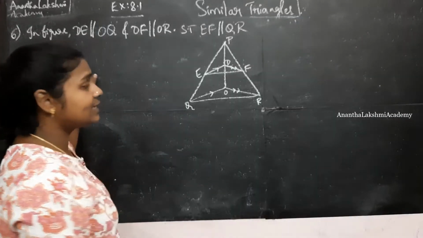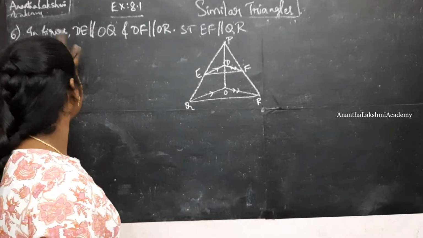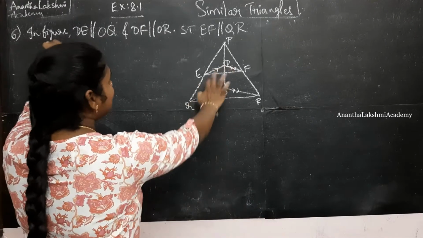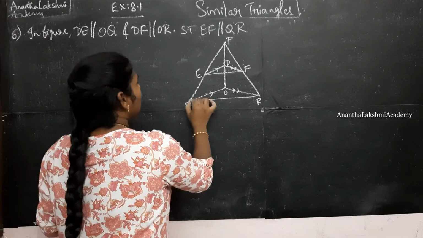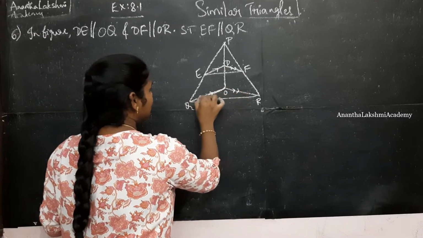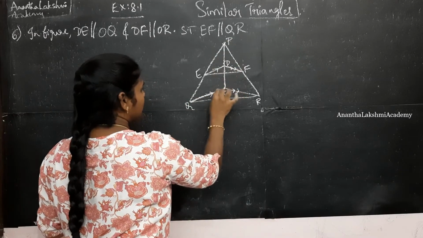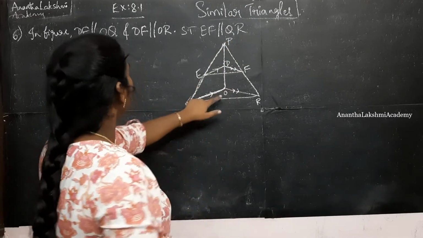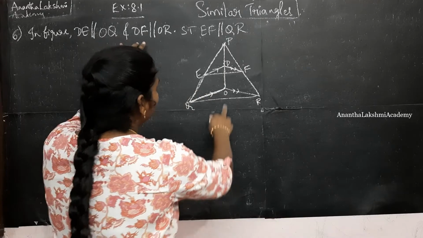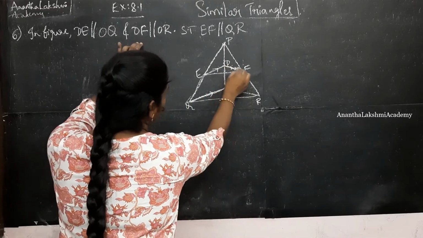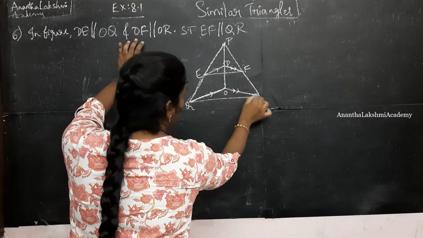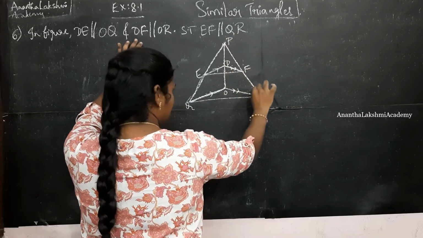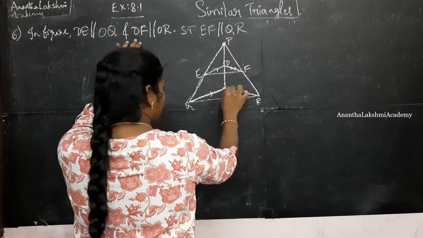So here we have the 6th problem written on the board, wherein they are mentioning in the figure DE is parallel to OQ. Okay, DE is parallel to OQ in this triangle POQ. DE is parallel to OQ and DF is parallel to OR in triangle POR.